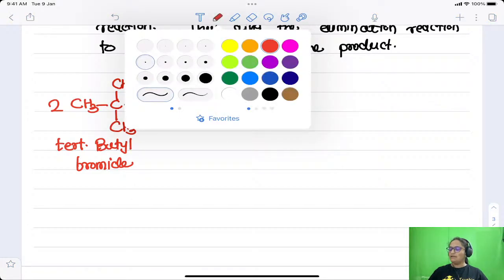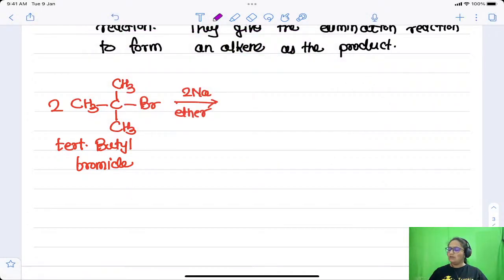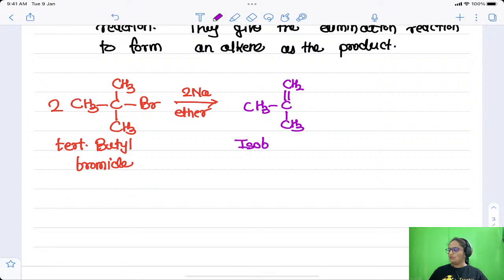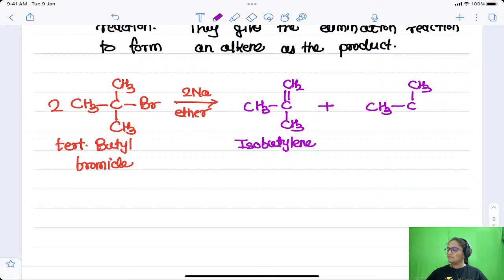Instead of alkane formation, that is two carbon connection, we get two products. One is the product of elimination: one hydrogen from here and bromine from here will be lost, and we get isobutylene. Another product is a simple alkane, CH3CHCH3CH3, which is nothing but isobutane.